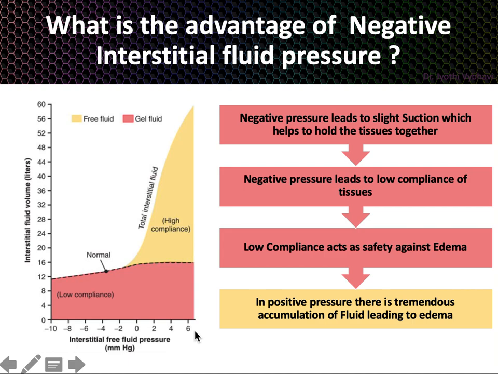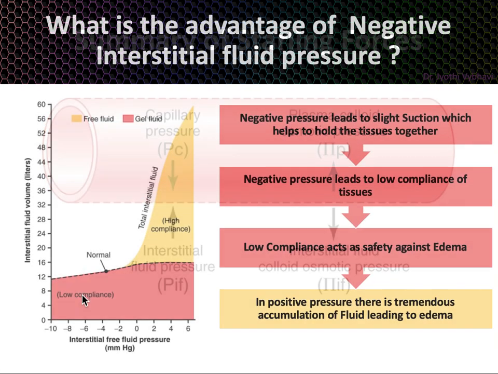The x-axis is showing the interstitial fluid pressure and the y-axis is showing the interstitial fluid volume. Usually it is at minus 3.